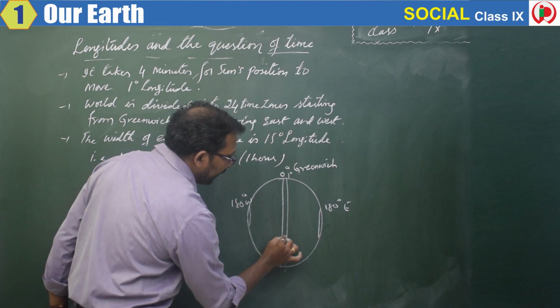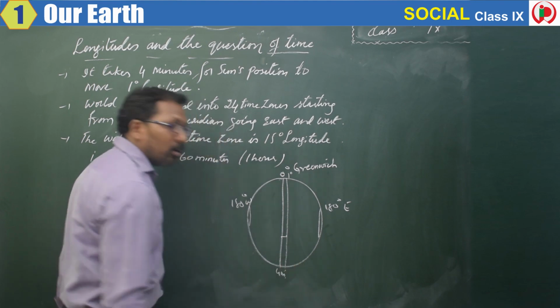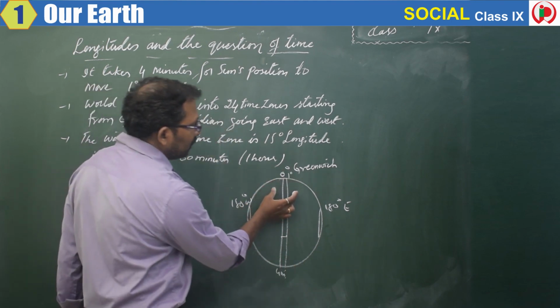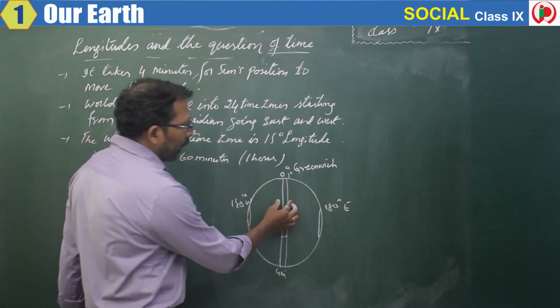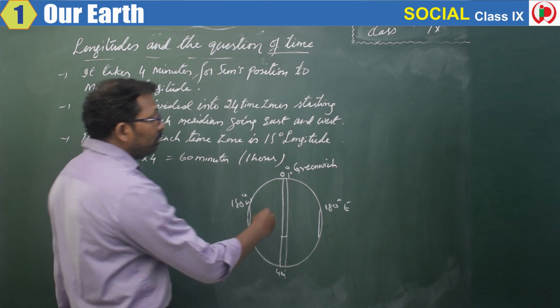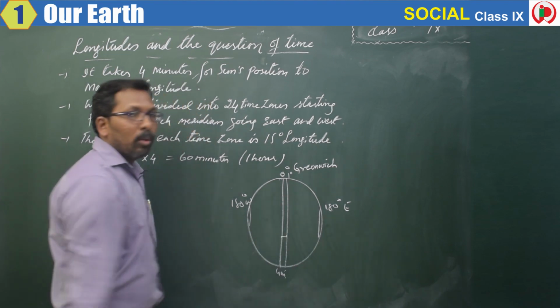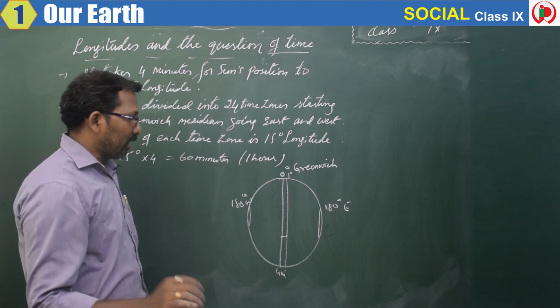How much time does it take? It takes 4 minutes. So for the first sunlight to reach 1 degree of longitude, it takes 4 minutes. Then how many minutes will it take to reach 180 degrees of longitude? We will try to calculate it.